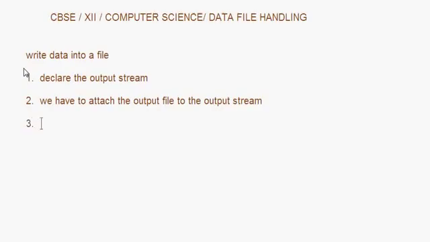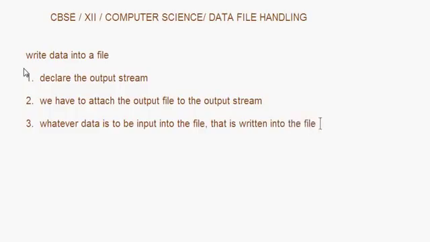Then whatever data is to be input into the file, that is either accepted by the user or it comes from some other source, whatever it is, that is written into the file. Finally, if we want to display the data, that can be done, or else we close the stream, right?